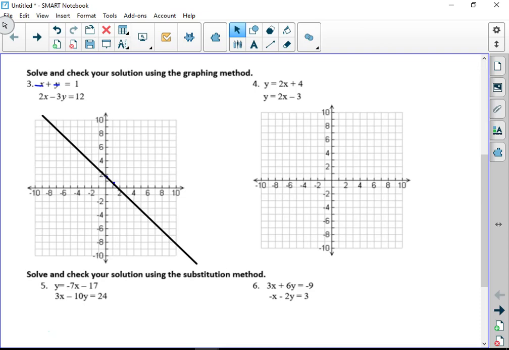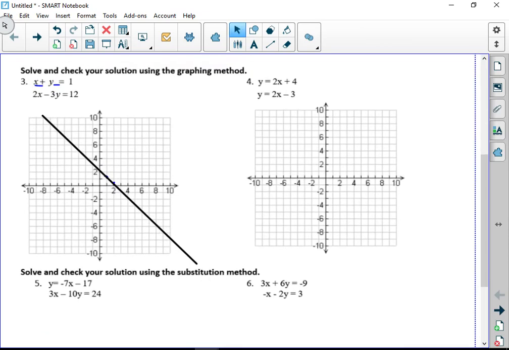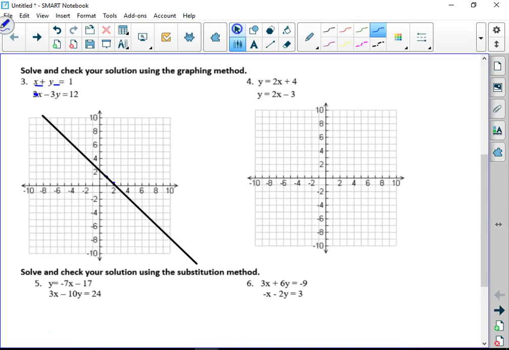And then your next one, if you cover up, put a 0 here. Cover that up, divide by negative 3, and y is negative 4.